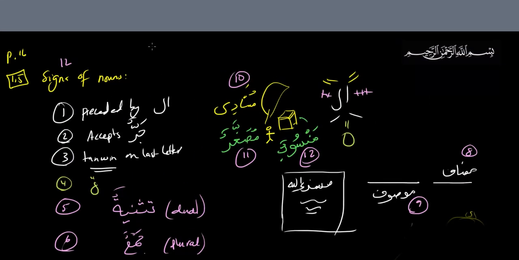The first one was علامات الاسم. We should say signs of nouns over here. Signs of nouns. And now we're going to talk about signs of verbs. There are 7 of them.